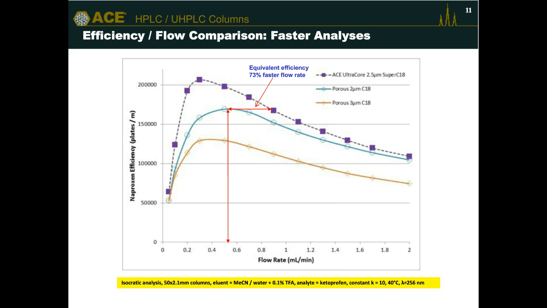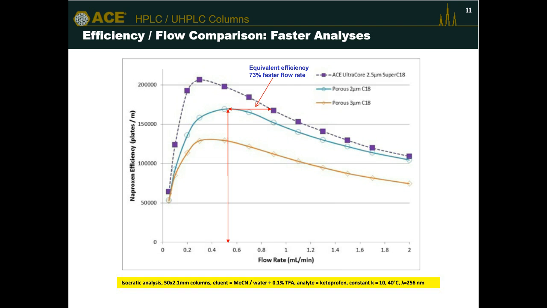You can get 73% faster runtime if you move to the solid core phase for the same efficiency. So you can speed things up by having the same efficiency but using a faster flow rate.